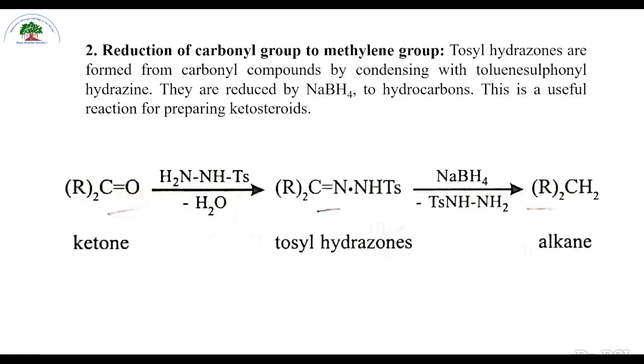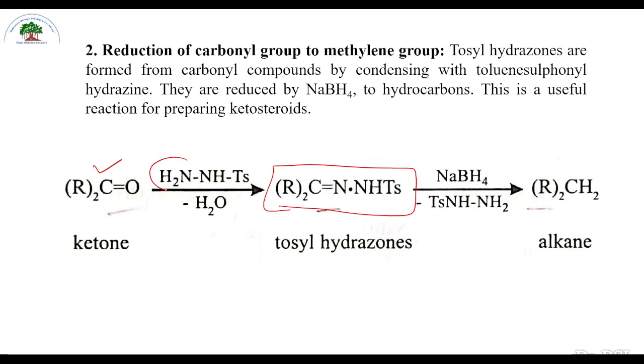The second use of sodium borohydride is reduction of the carbonyl group to a methylene group. Tosyl hydrazones are formed from carbonyl compounds by condensing with toluene sulfonyl hydrazine.